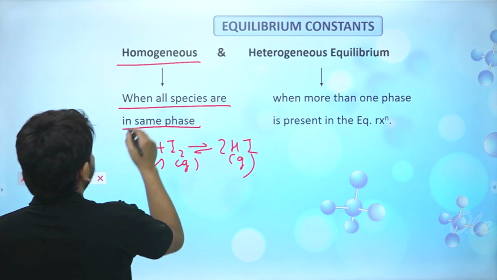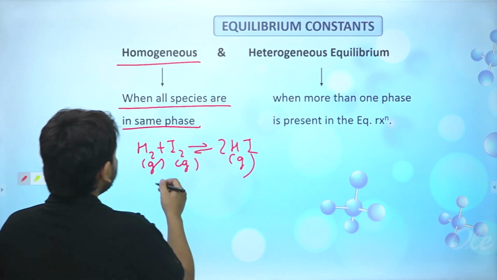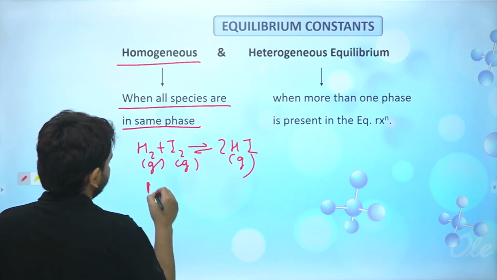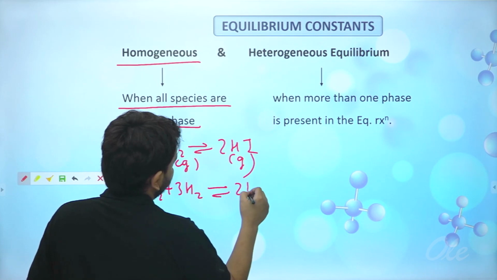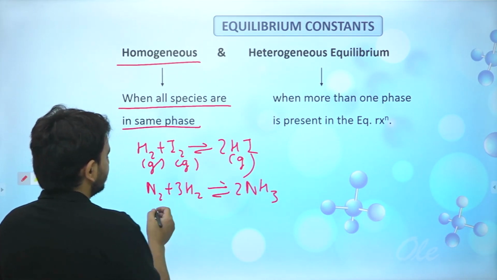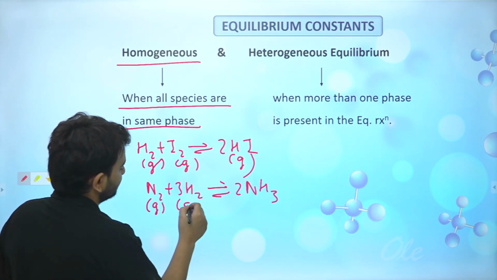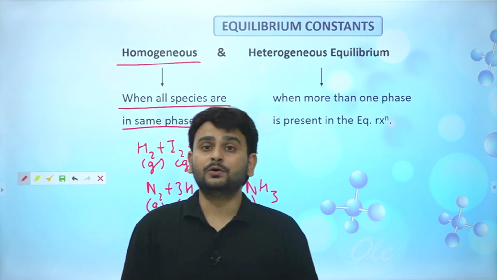So this is a homogeneous equilibrium. Or for example, N2 plus 3H2 forming 2NH3. Again, all three of them are in the gaseous state, so this is again a homogeneous equilibrium.